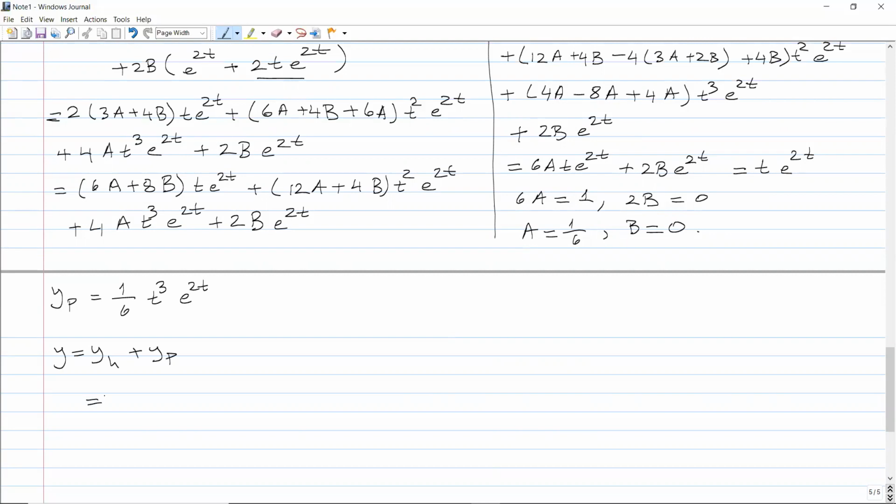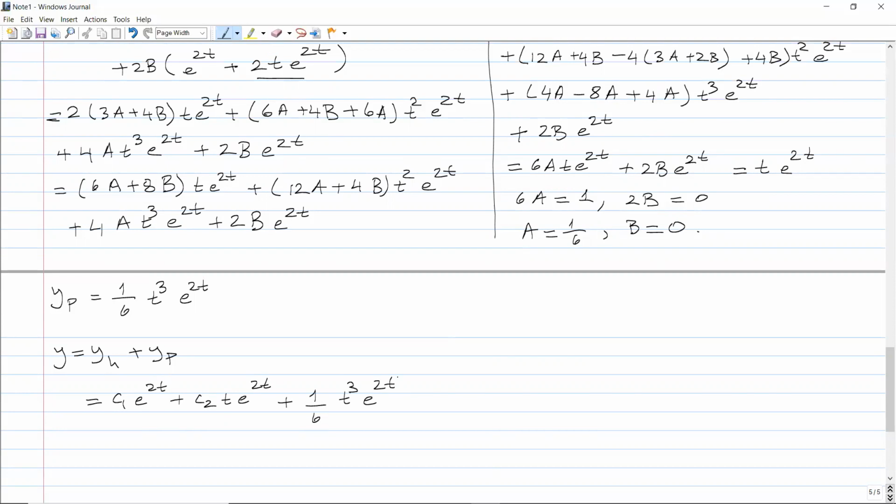For the homogeneous, what was the homogeneous equation? The solution is C1 e to the 2t plus C2 t e to the 2t, and we add the particular solution, 1 over 6 t cubed e to the 2t.